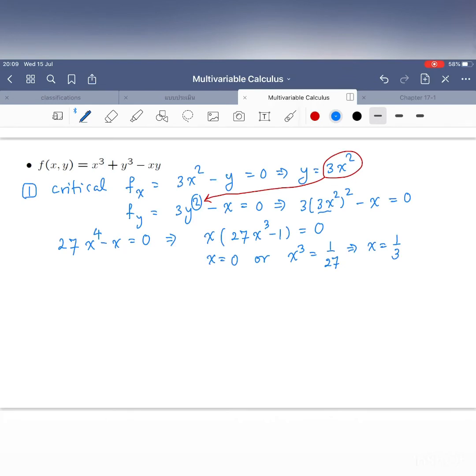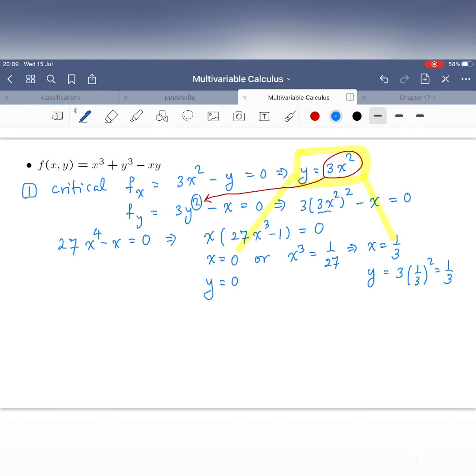Okay, 1/3. So as you have your x, you have it here that your y is actually 3x squared. So you can use this relation to get your y depends on these two x values. So for example, if x is 0, of course your y is 0. If your x is 1/3, your y is also 1/3.